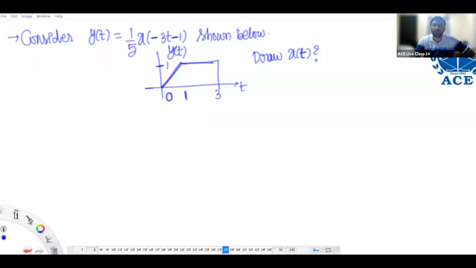Respond in the chat box. Are you there or sleeping or trying the problem? For what interval x of t covers, that you tell me is sufficient.